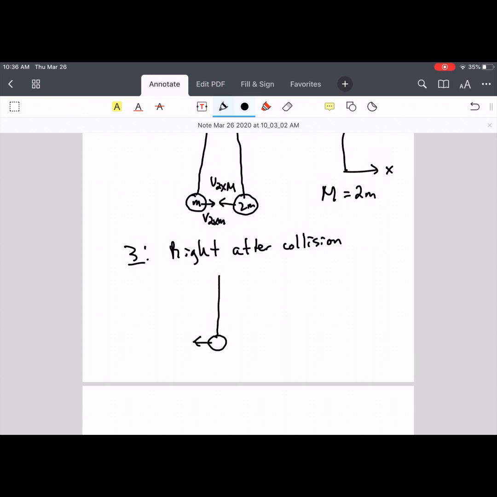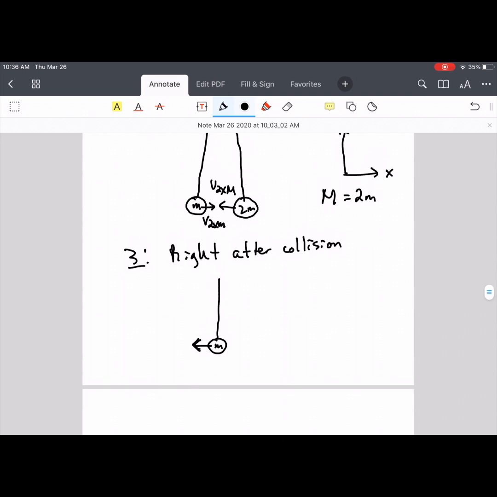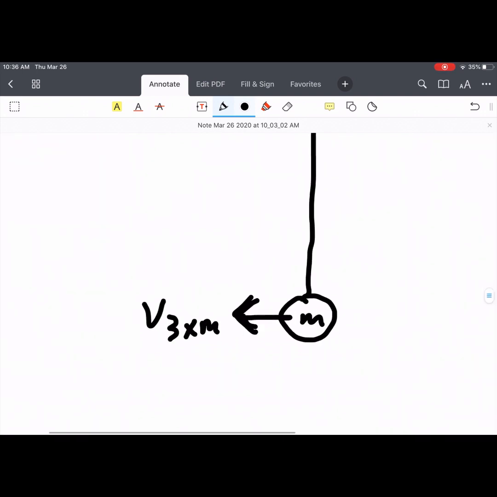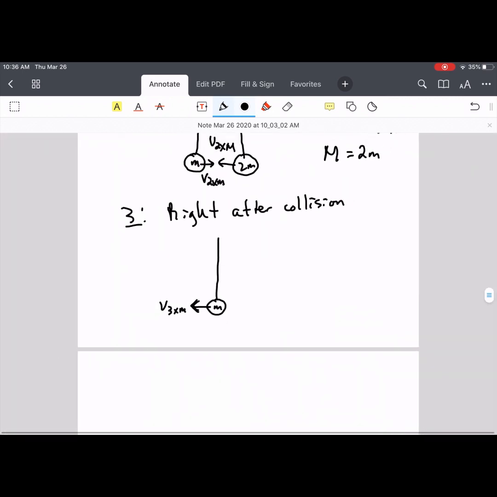So for instance, I'm going to assume that the velocity of mass little m will be to the left. That's presumably correct. And let's call that v3x little m. Again, it's just moving in the x direction right after the collision.